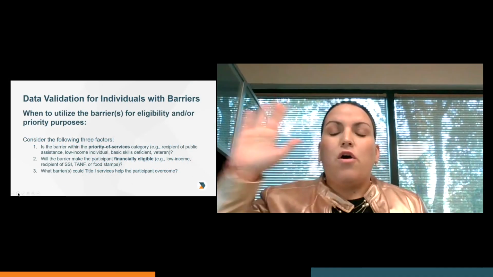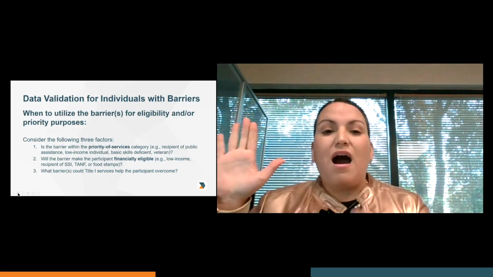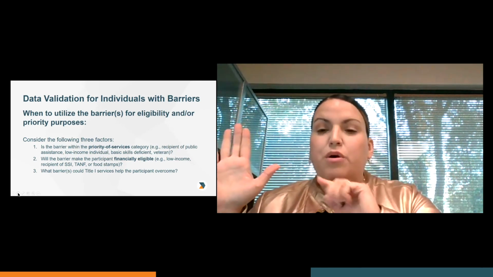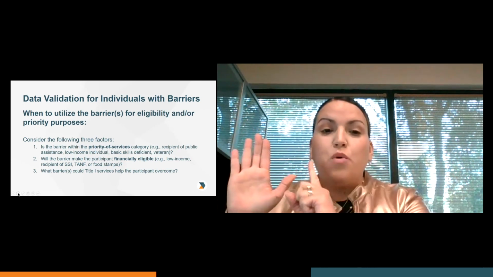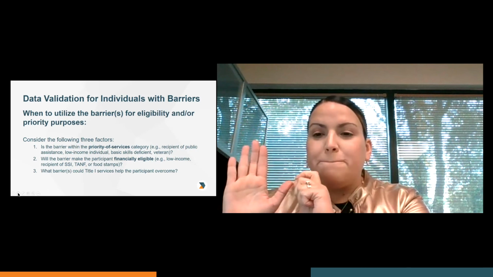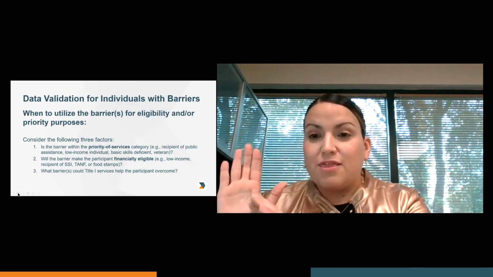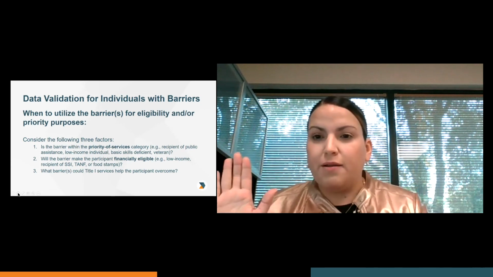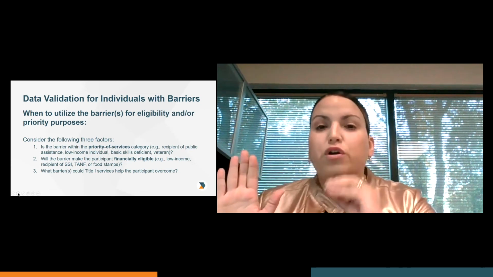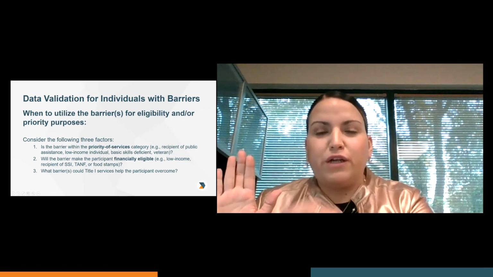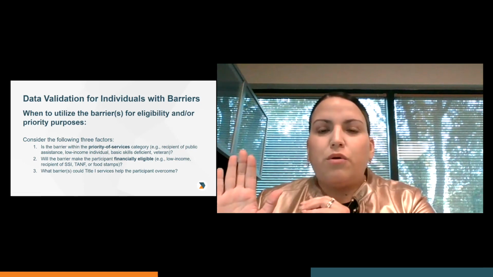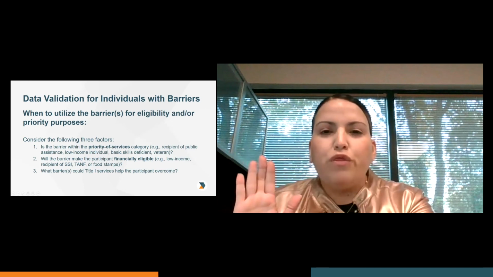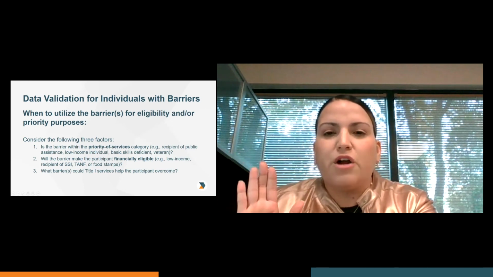Now, the other barriers that are relevant to the eligibility process and to the priority of service, we need to put in the bucket in which you're going to gather additional information, right? Because you're using that for determining that individual either eligible and in priority of service, or eligible or priority of service. So those barriers are relevant.